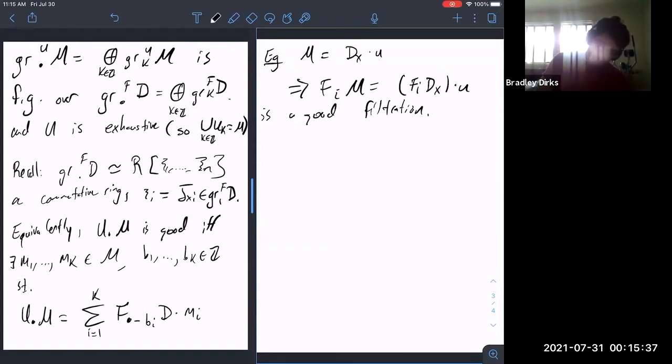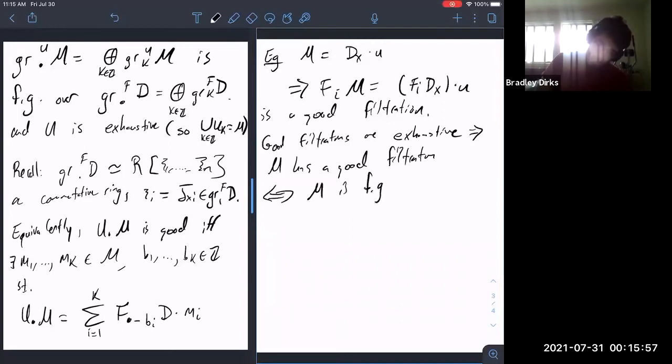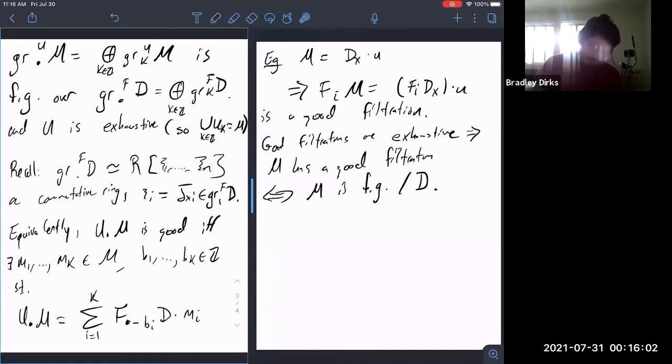But something else that we see is that because good filtrations are exhaustive, by definition, that implies that M has a good filtration if and only if M is finitely generated over D. Right, so if these elements exist such that they can describe each of these filtered pieces, an arbitrary element of M will eventually live in one of those filtered pieces.